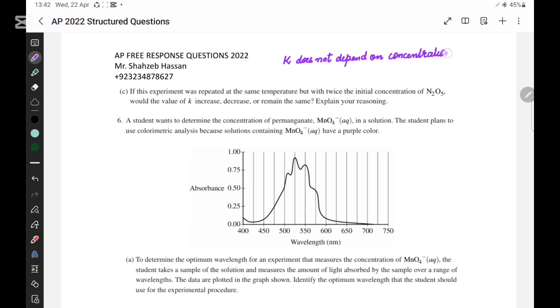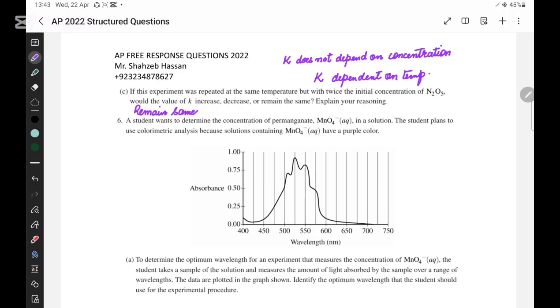Value of K is only dependent on temperature only. So if the concentration is changing and the temperature remains the same, there is going to be no effect on the rate constant. So we can write one thing, that it remains the same.